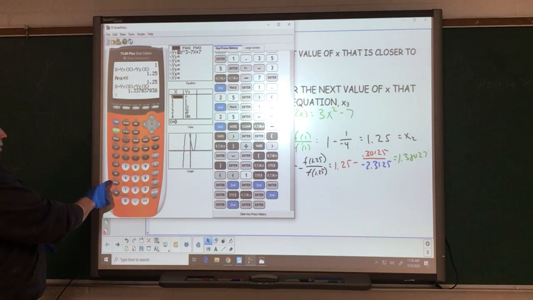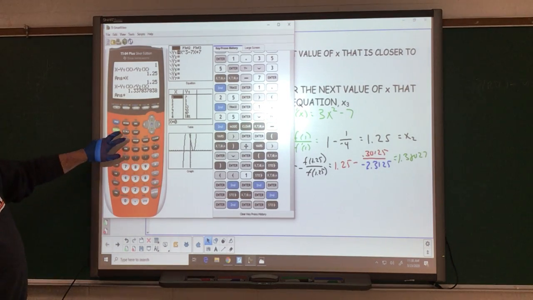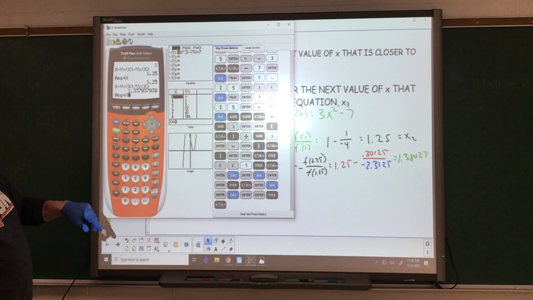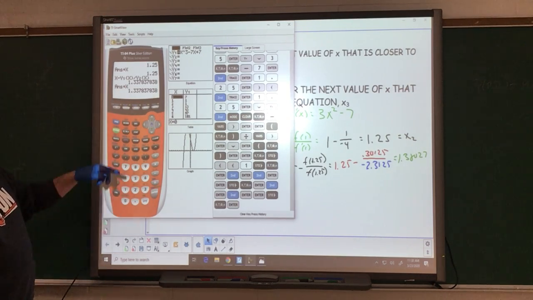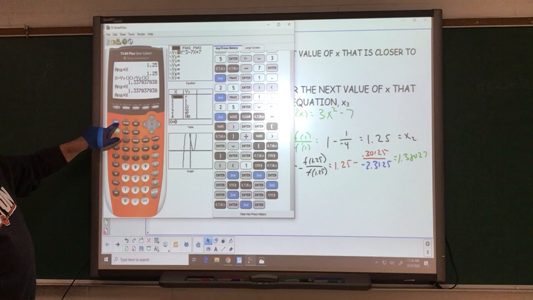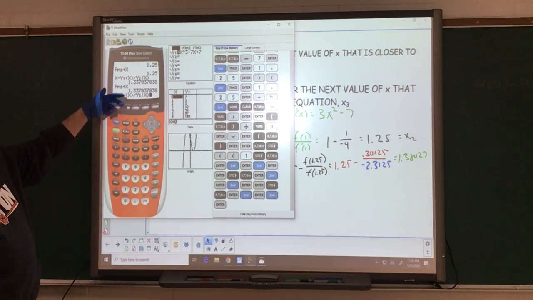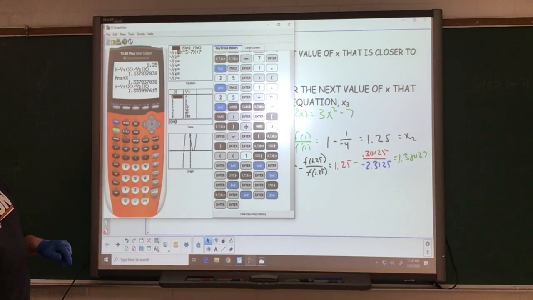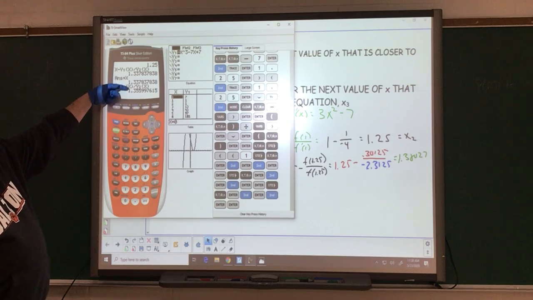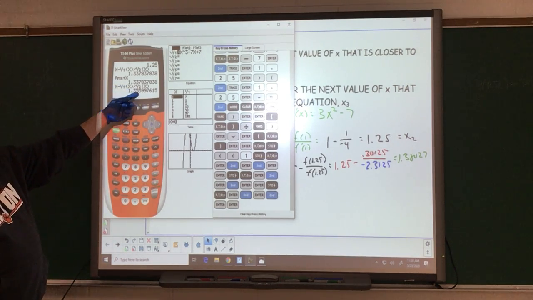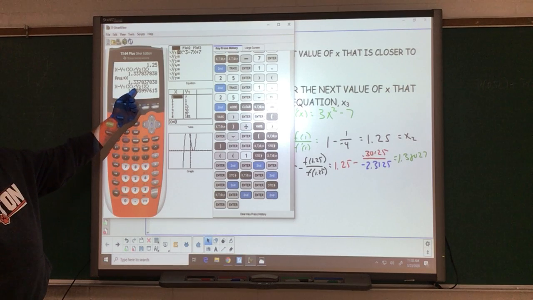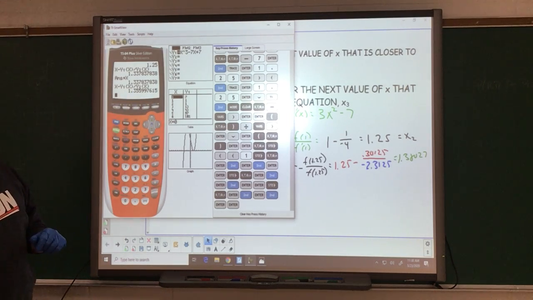So I'm going to store this to X. Second entry pulls my equation back down again, and my next value is 1.3559. As you can see, I'm getting closer and closer to my value of X that I want.